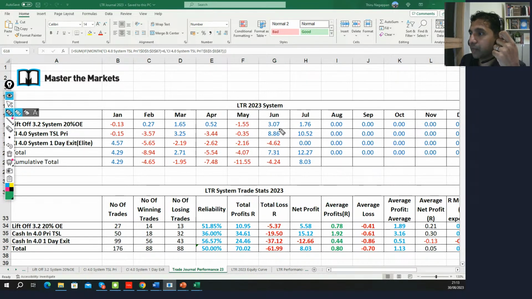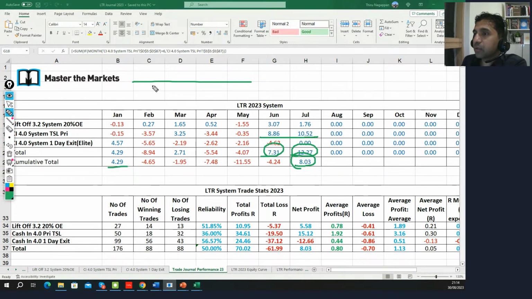And look, we had the biggest months in June and July, where we had 7.31% in June, and in July we had 12.27% and carried the curve up to 8.03%. You see, in the beginning, according to these cumulative results, if this was a zero line, it went up to 4.29, came back down to 4.65, and then it went up to 1.95, and then after that went back further down, took out this low to 7.48, went back further down to 11.55, then it came back up to 4.24.